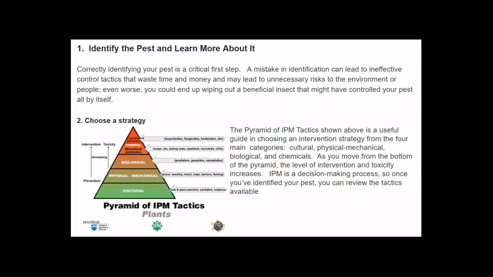You can try to use natural chemicals if possible. And then finally, if all else fails, you can use insecticides, fungicides, herbicides, etc. But try to use this as little as possible and cultural as much as possible. So the pyramid shows you the extent to which you should use the different strategies.